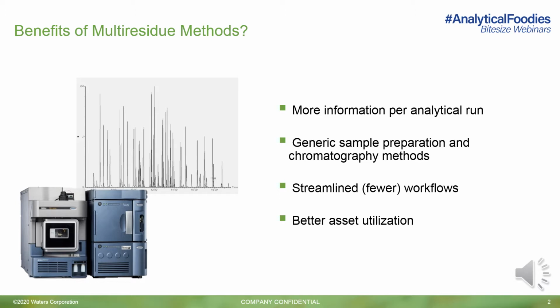This leads to streamlined or fewer workflows, which leads to better asset utilization. This allows a laboratory to have more efficient methods and increase its competitiveness. The better asset utilization improves the profitability by reducing costs.